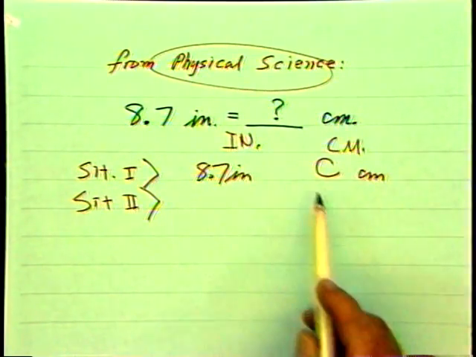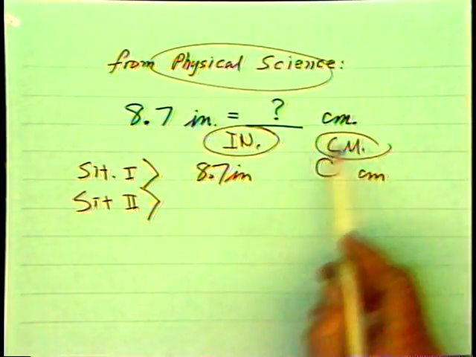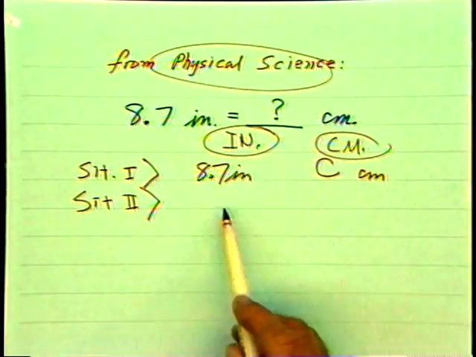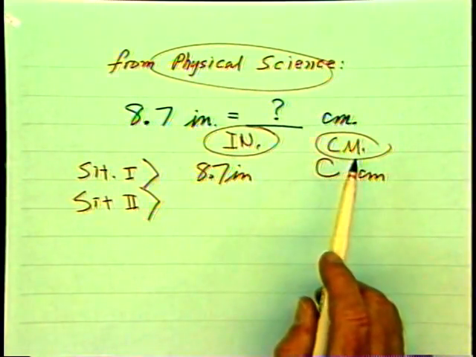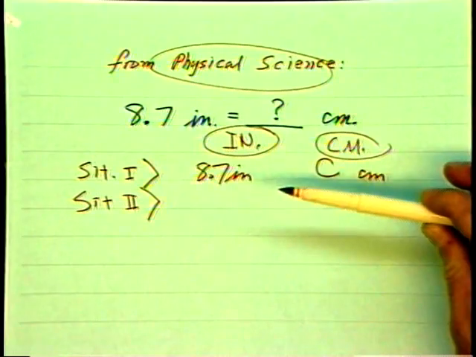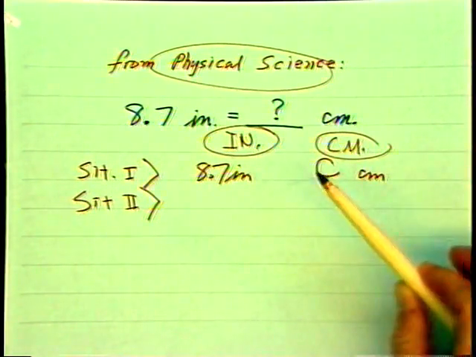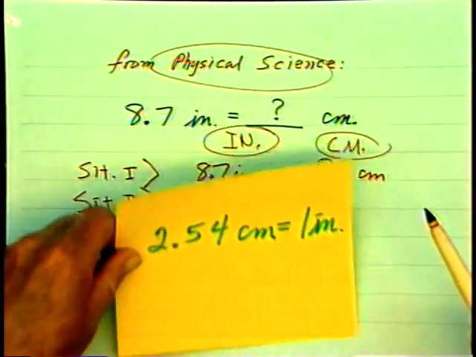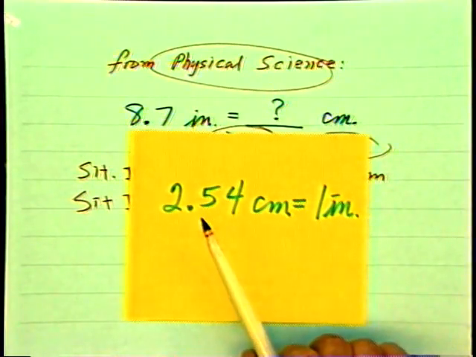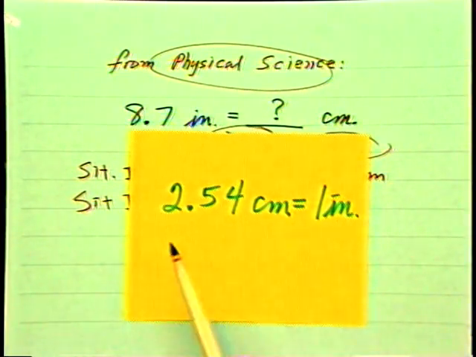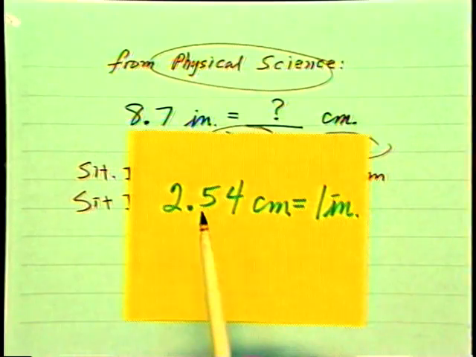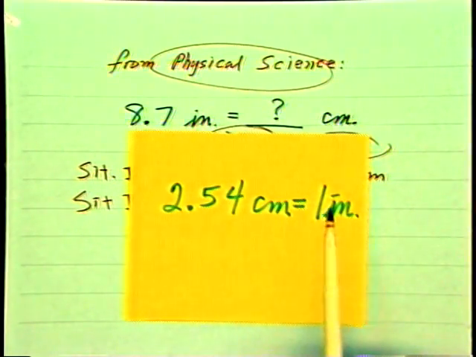Here are my two items, inches, centimeters. If I do, and if I know both of them, I can solve for the one I don't know. So looking at the back of any textbook, Peachy folder, dictionary, science book, you can find a table on conversion of units. And this is one that you would find, that 2.54 centimeters is 1 inch.